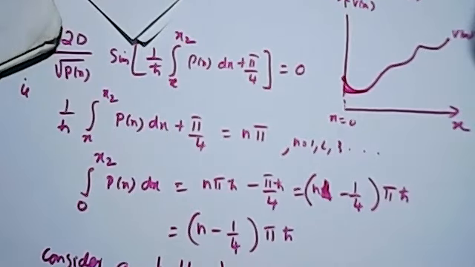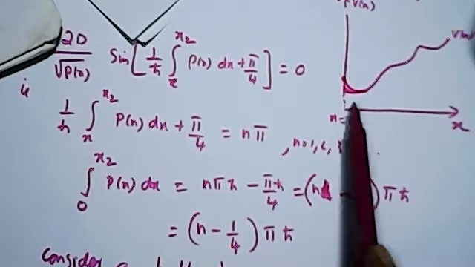Then V of x you can write as half m omega square x square when x is greater than 0, that is on the right side.